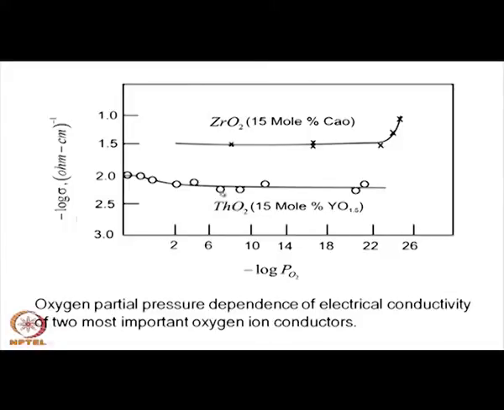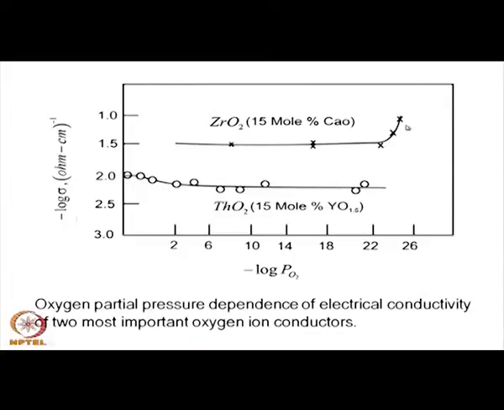Same thing happens here in thorium oxide, although the absolute conductivity is low. Here this has a higher conductivity, this has a lower conductivity, but you do not see an upturn here, because the material does not become electronically conducting or n type conductor even at 10 to the power minus 22 atmosphere, whereas on this side there is a slight upturn at very close to atmospheric oxygen partial pressure, you have p type conductivity. Okay.